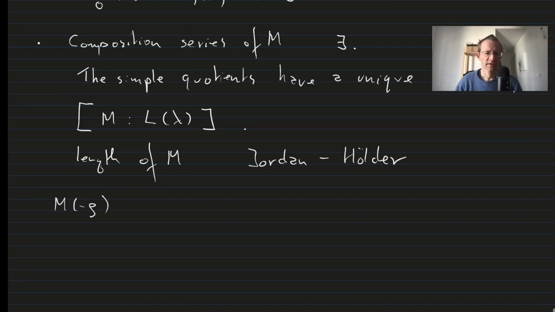So there, since minus rho is in its own linkage class, because the dotted product shifts first by rho, and then the Weyl element acting on 0 just gives 0 again. So M of minus rho is automatically simple and has a very simple composition series. So this is a very trivial example, of course.